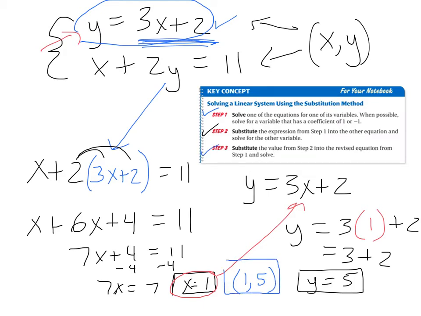The solution to this system of equations is the point (1, 5). And you can always check yourself. You can take this information, put it back up here into either one of these equations, and it should be true. Sweet. Let's try another one.